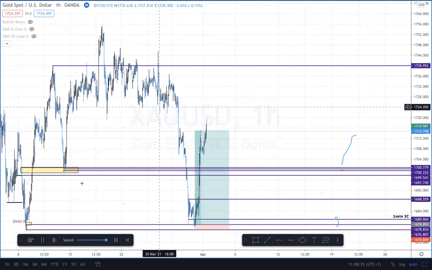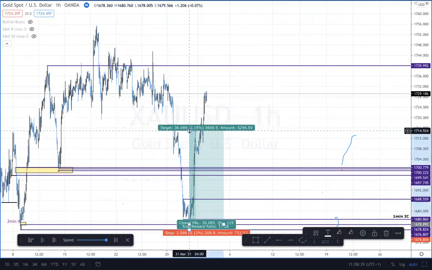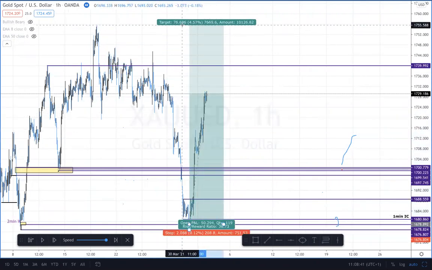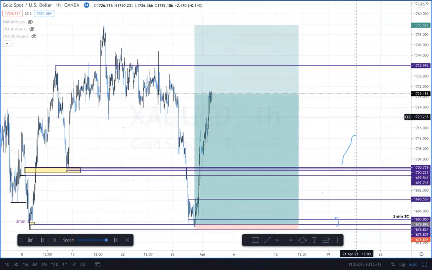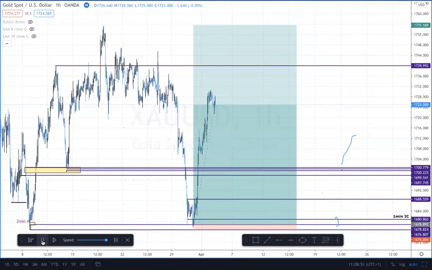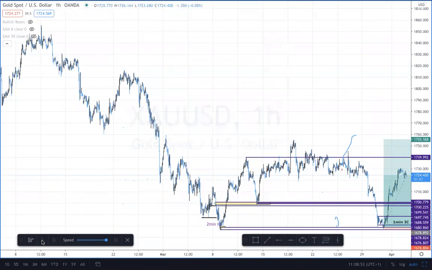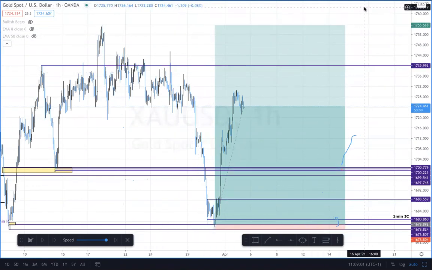And look at that. Our first target is there, 1 to 36. And that is where gold is currently swimming at.